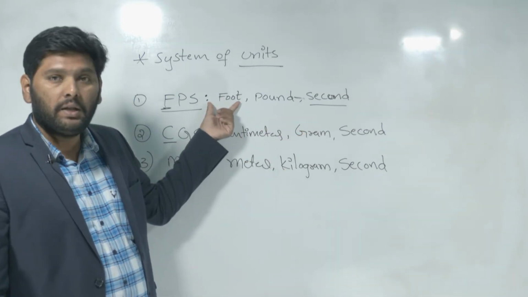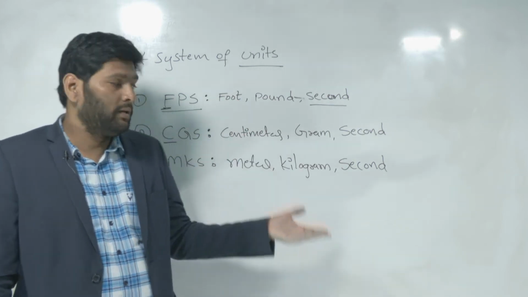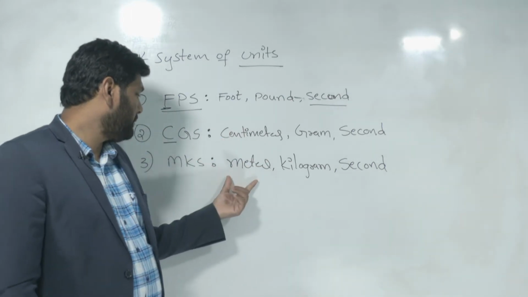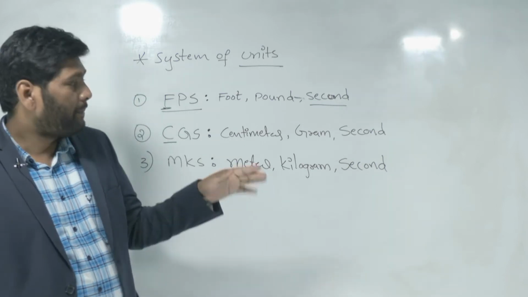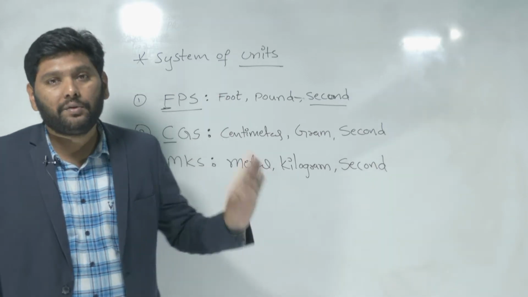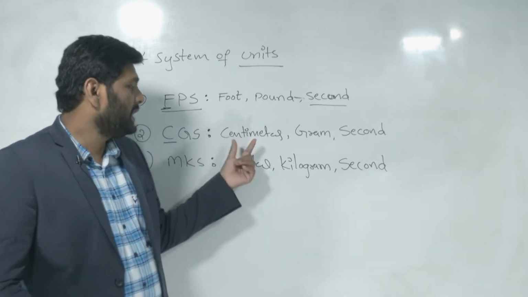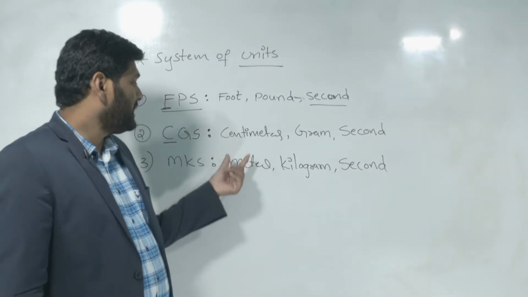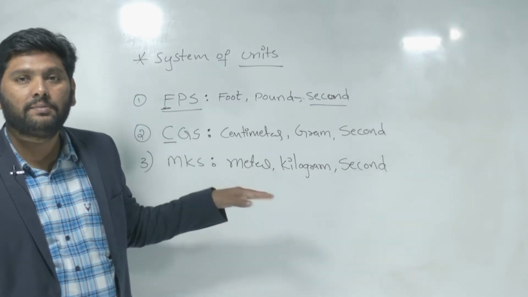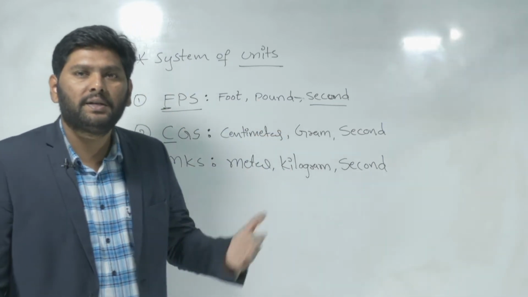The measurement of length in the FPS system is foot, in the CGS system is centimeter, and in the MKS system is meter. But foot, centimeter, and meter are all units for length only. Foot cannot equal centimeter, and centimeter cannot equal meter. That is the conflict here. In all systems, the standard value of length is not the same. It is a different standard value.